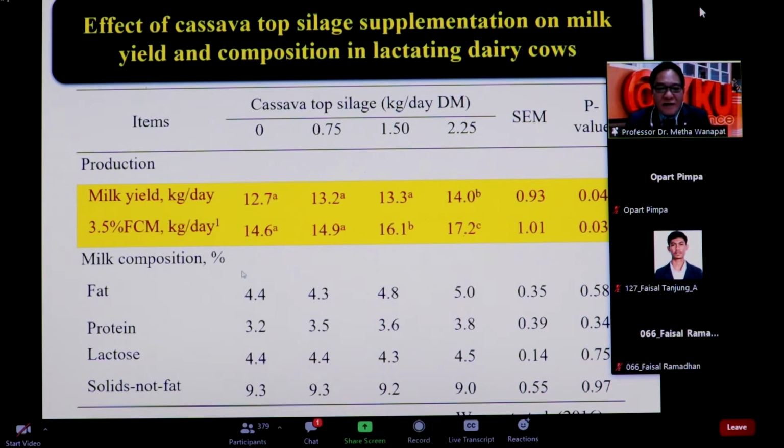Another work in dairy cows, you can see using cassava silage here significantly lifted up the milk yield, 3.5% fat corrected milk here, significantly, as compared to the control. So it's there on the farm, it's there at the gate. So you need to explore and then intervene in the feeding system like that.